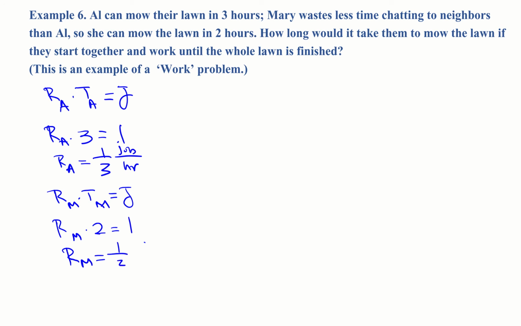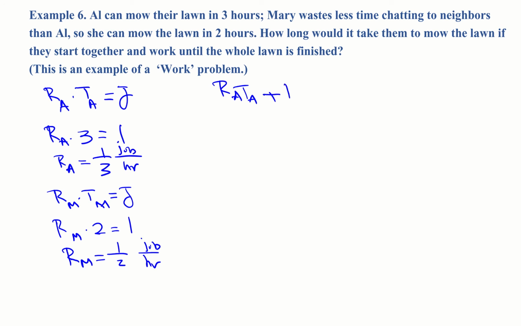That means 1/2 of a job per hour. So in 1 hour, Mary does half of the entire job, right? So now we can go and make an equation that involves both of them working together. So we just go rate Al times Al. That's how much of the work Al will do. Plus, remember they're working together.